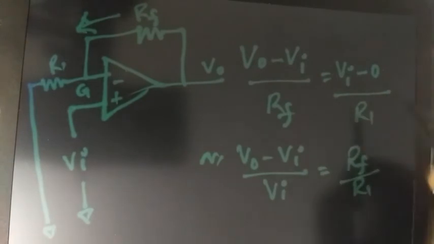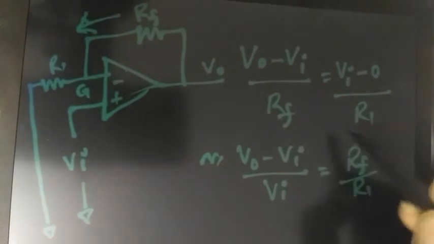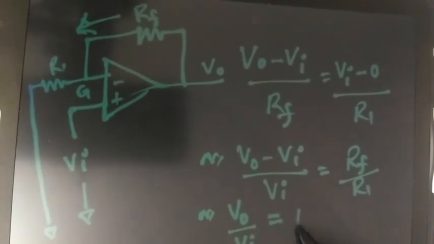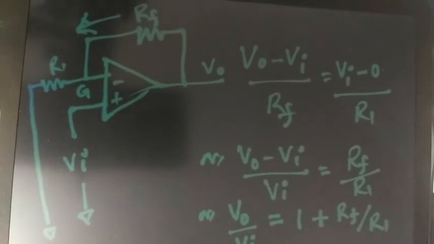I'm just changing the sides of this equation, and you get V naught by Vi is equal to 1 plus Rf by R1.